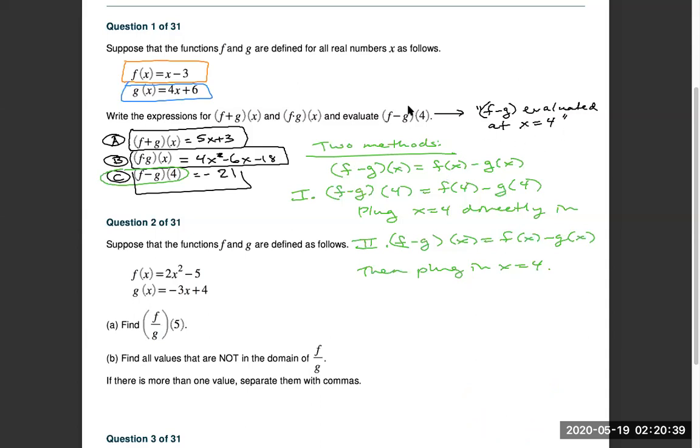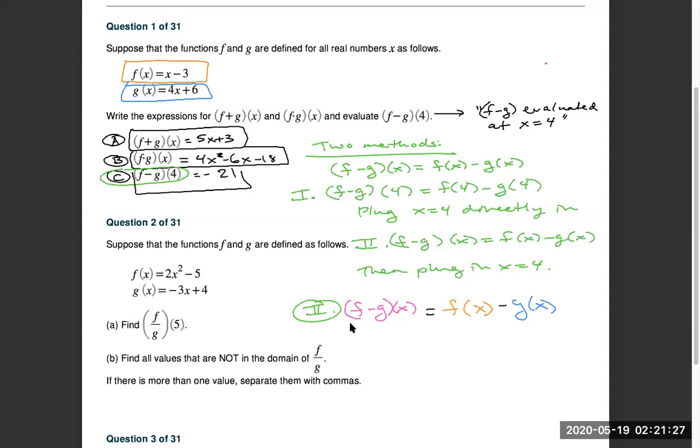So your second method, you're going to find f minus g of x first, and it's defined to be f evaluated at x minus g evaluated at x.